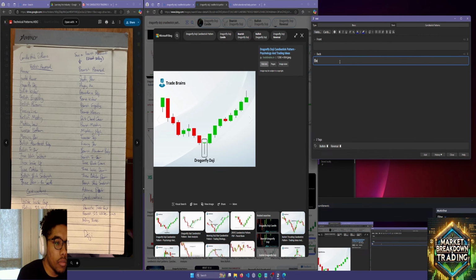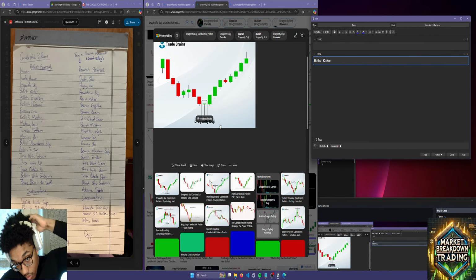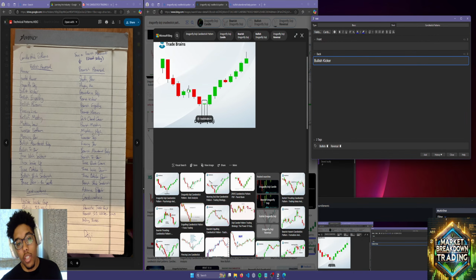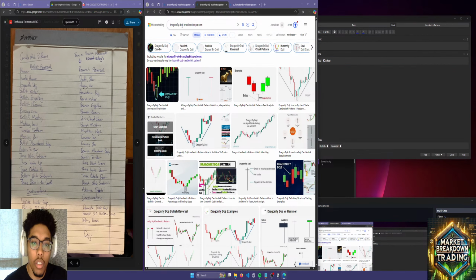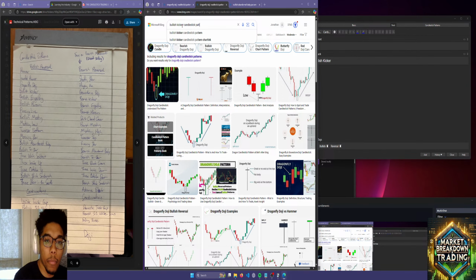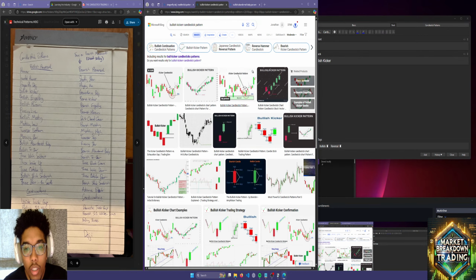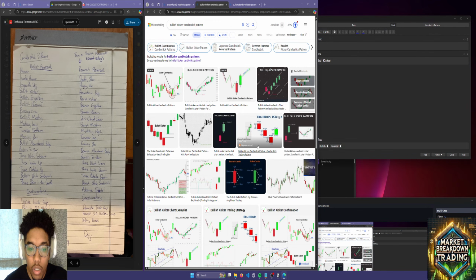Next we have bullish kicker. This is when you have a downtrend and then a gap and then it uptrends. But let's just go. Boom. We don't want the words. We don't want the words.